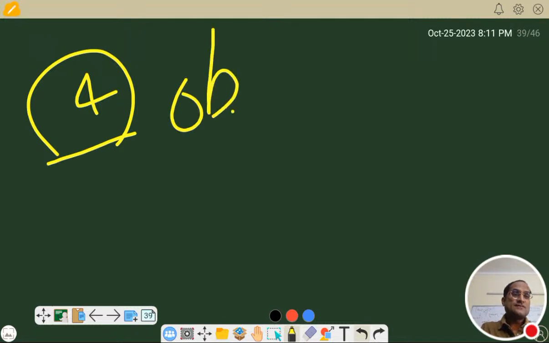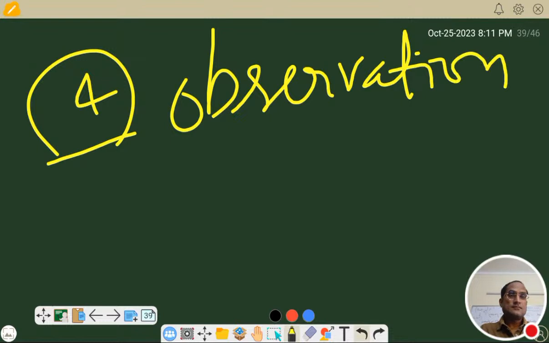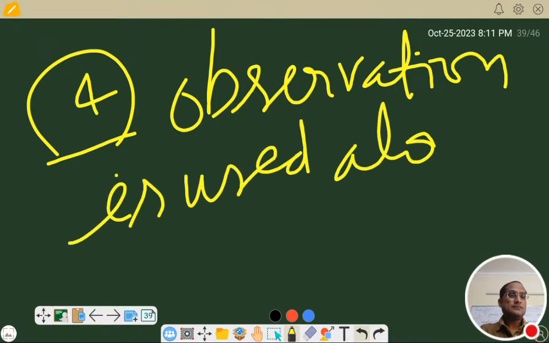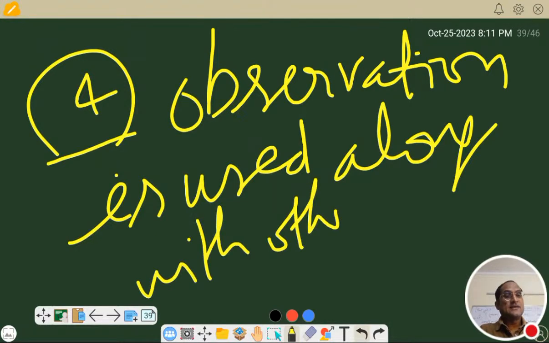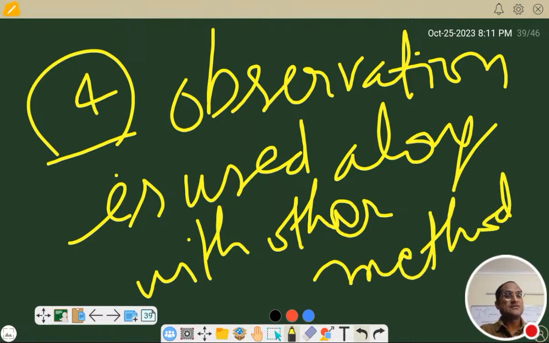Observation is used along with other methods of data collection like survey, case study, etc.